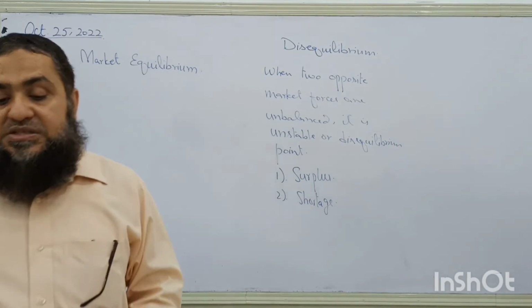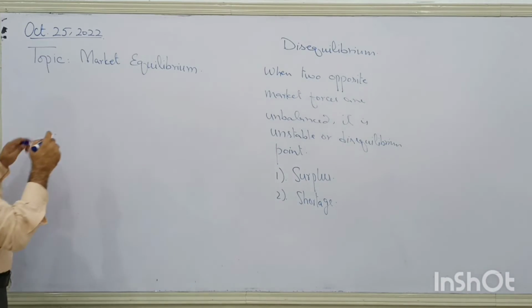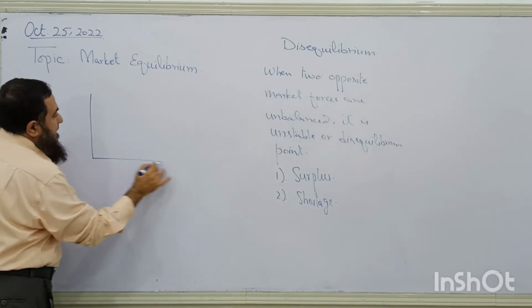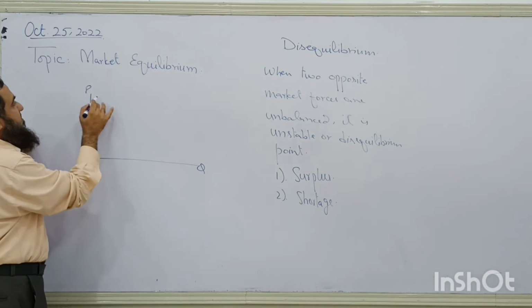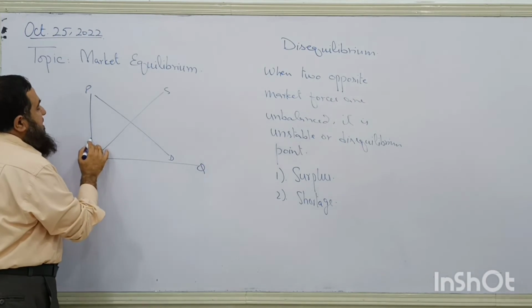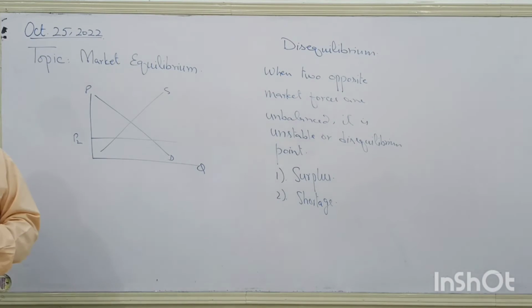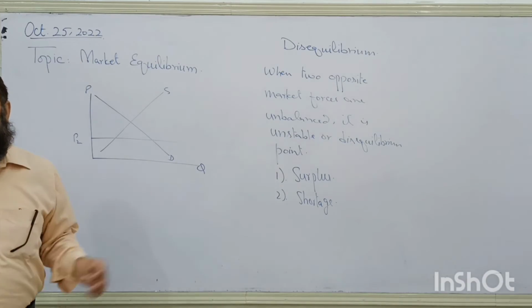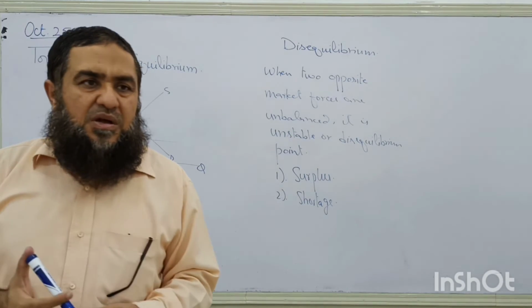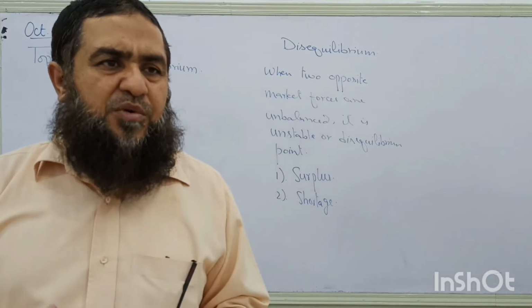This is the case when the market price is below the equilibrium price. Here is the quantity demanded and supplied. This is the demand curve. This is the supply curve. So if the price is here below the equilibrium, at this lower price, for example, the price of Coca-Cola or Pepsi Cola is 30 rupees per bottle.